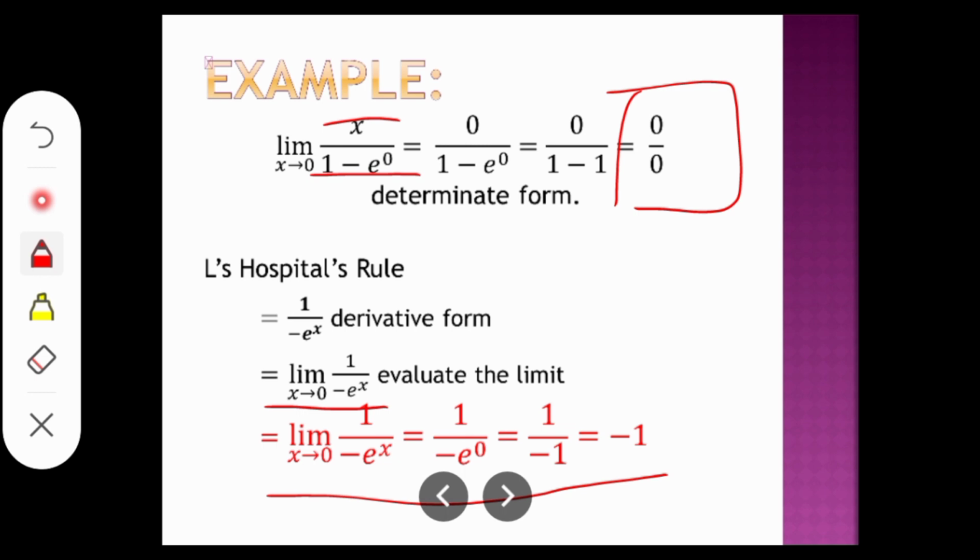Negative e raised to 0 is negative 1, so 1 over negative 1 gives the answer of negative 1. That is the value of our limit.